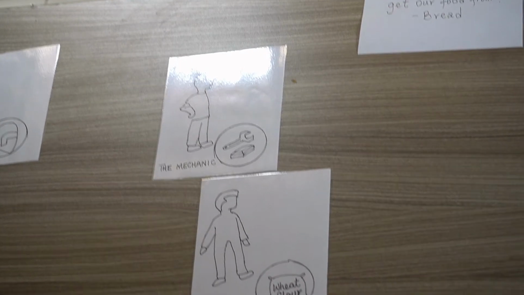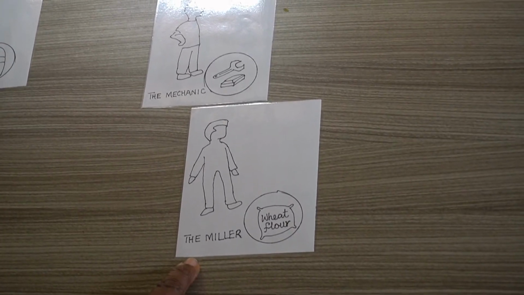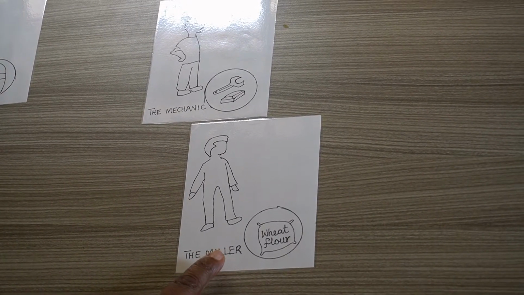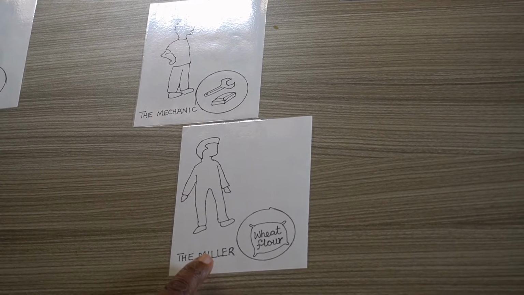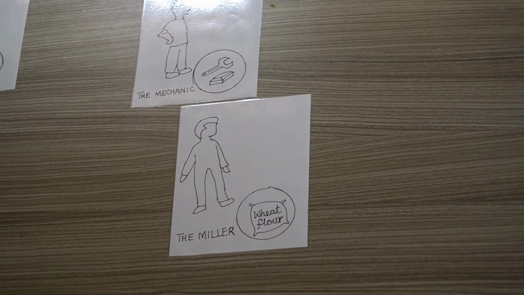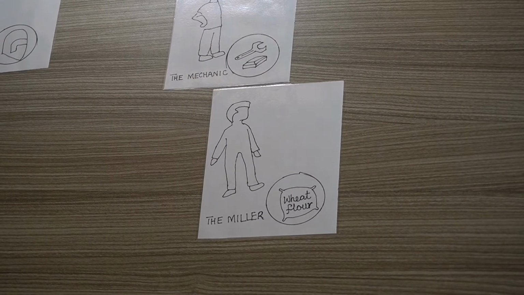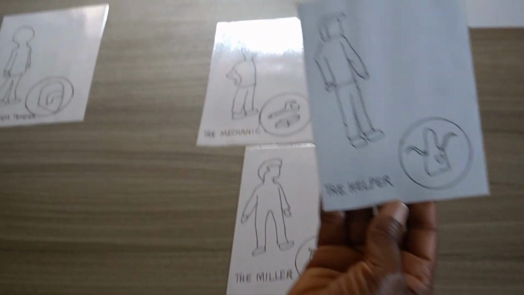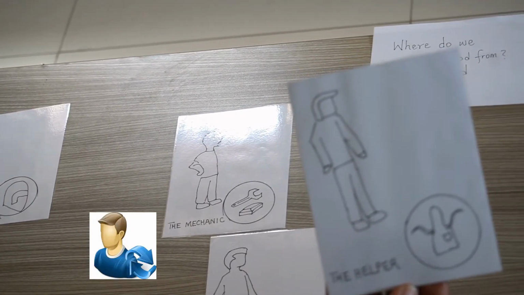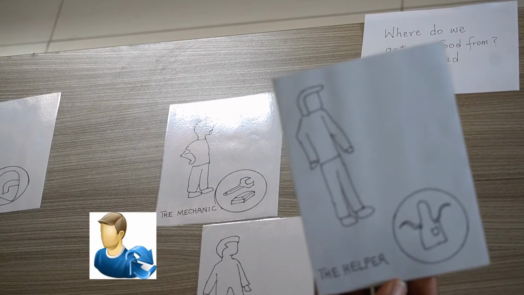The miller needs to move a lot of flour around, and so he has a helper that helps move the flour around. Here is a helper that does that.